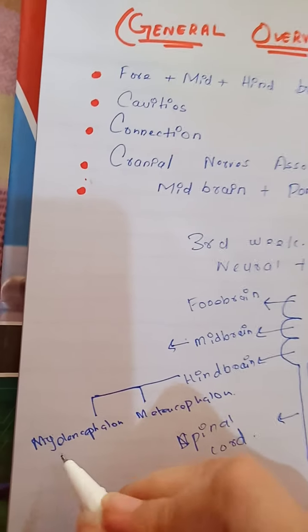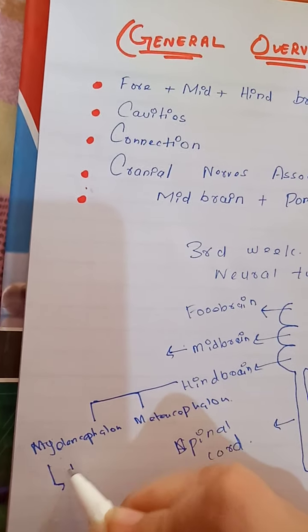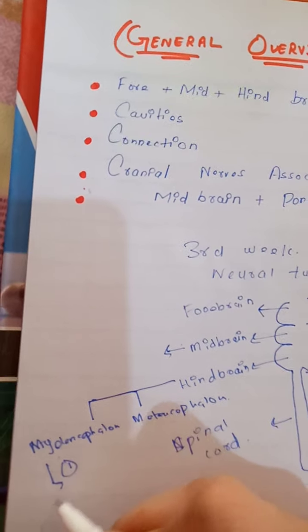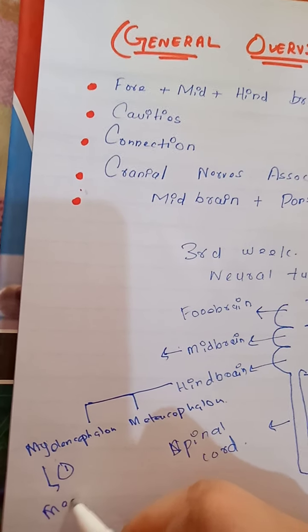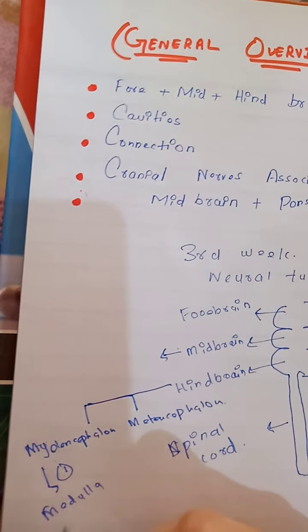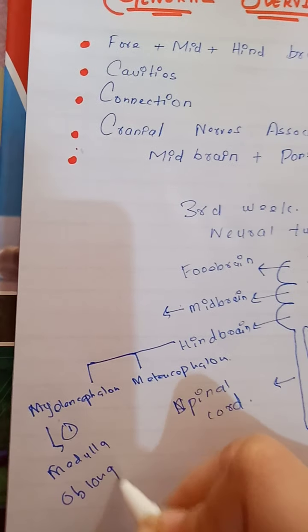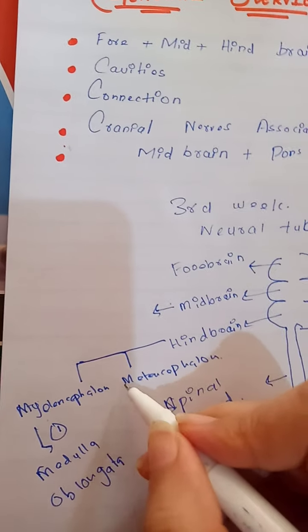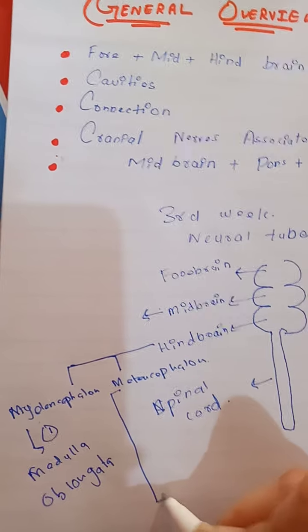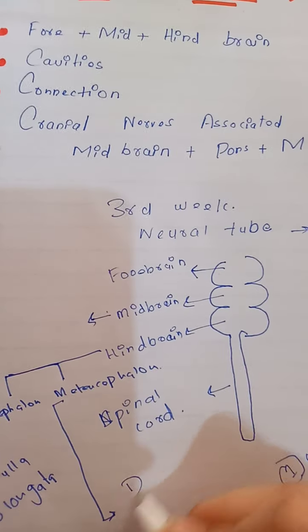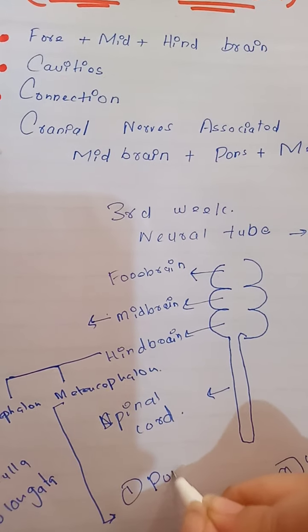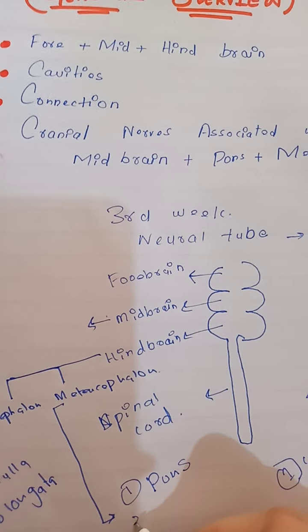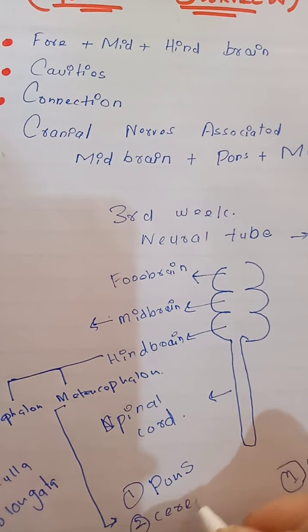The myelencephalon will give rise to just one structure, which is the medulla oblongata, while the metencephalon will give rise to the pons and cerebellum.